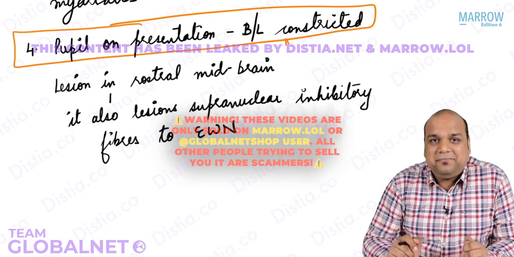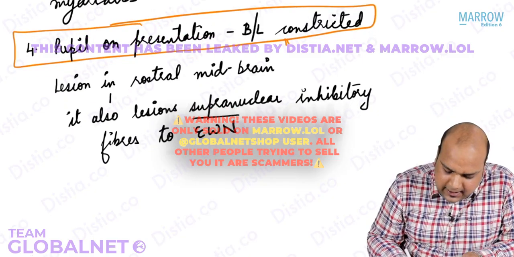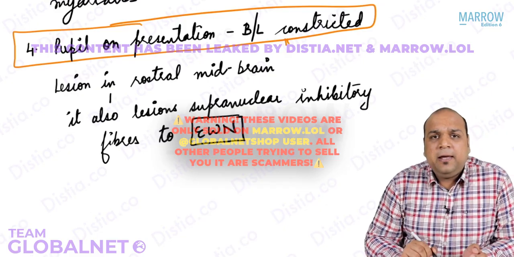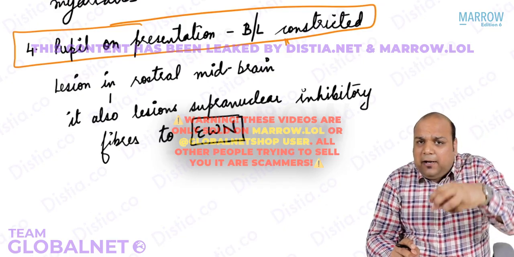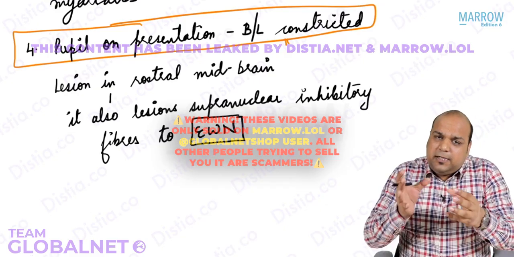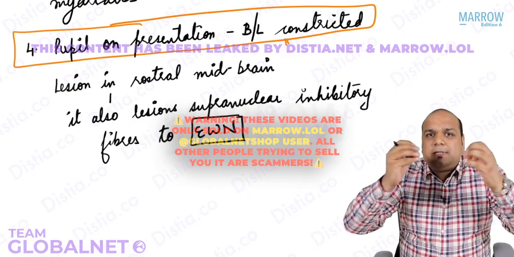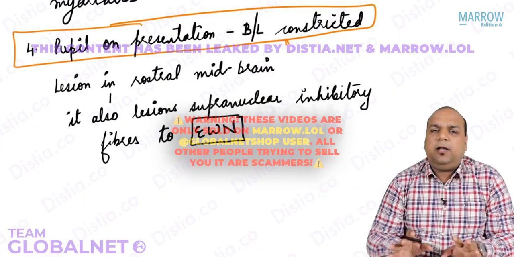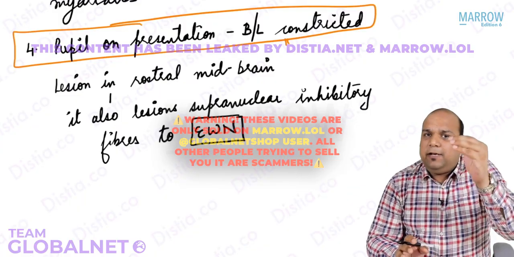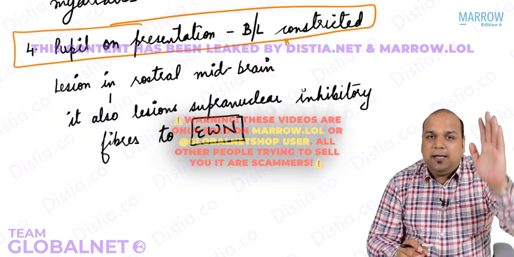What does this mean? This means that the Edinger-Westphal nucleus is not receiving any inhibitory impulse. Because it is not receiving any inhibitory impulse, it is continuously sending signals into the oculomotor nerve.